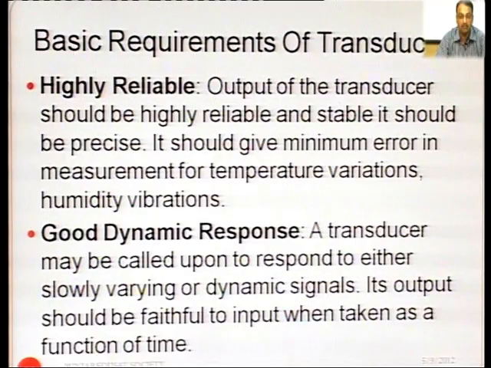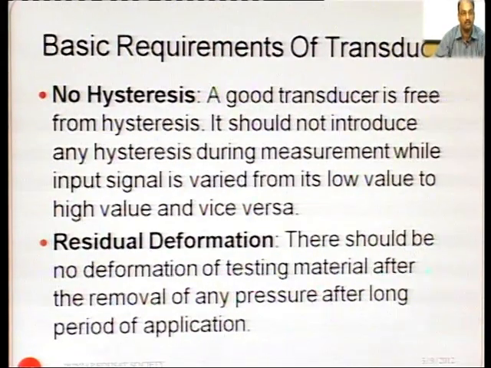A transducer may be called upon to respond to either slowly varying or dynamic signals. Its output should be faithful to input when taken as a function of time, whether the input varies slowly or very fast.